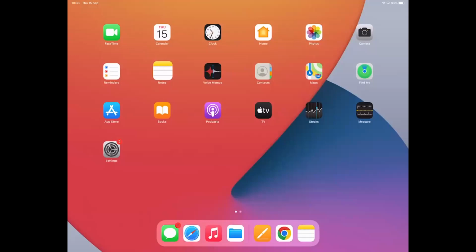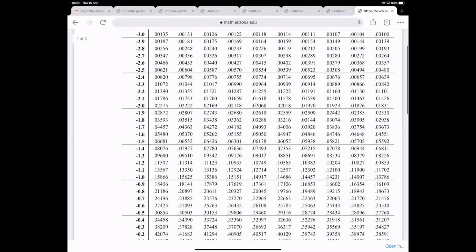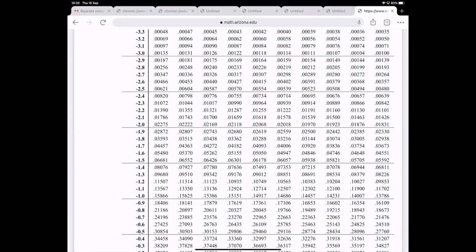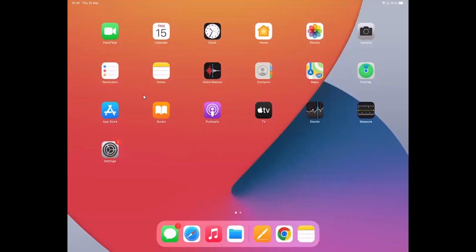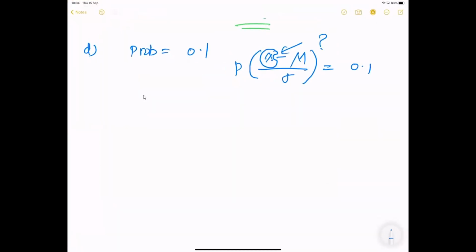As we discussed earlier, in the standard normal table, the middle values are probabilities. So we want to find the Z value. You can see here, these are the probabilities, these are the Z values. To find the appropriate X value, first we have to find the Z value. After that, by using this equation, first we want to find the Z value.